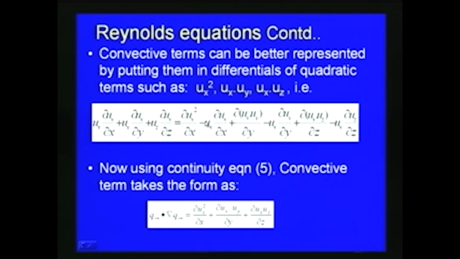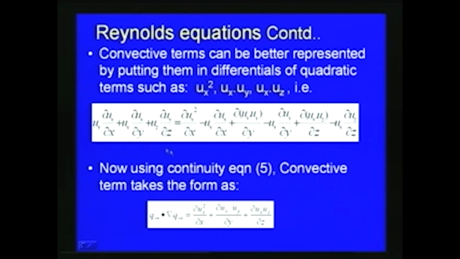We can combine these 3 terms together: on the right hand side, the second term, fourth term and sixth term. We can combine these 3 and then use the continuity, so it will become null or 0, since del u x by del x plus del u y by del y plus del u z by del z is equal to 0.